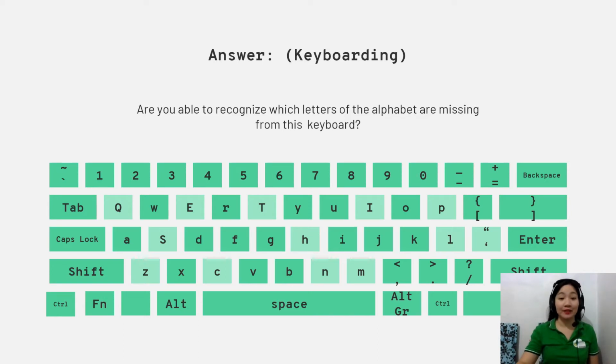So we have letter Q, E, T, I, P, S, H, L, Z, C, and M. Again, as your reference point, we have A, S, D, F, okay, then J, K, L, semicolon.